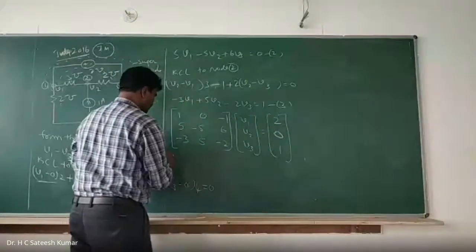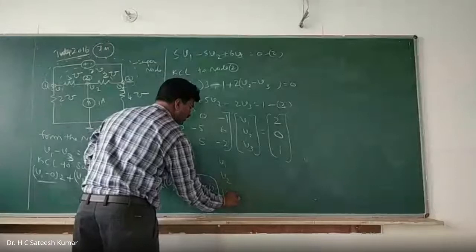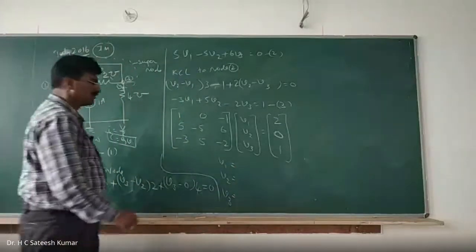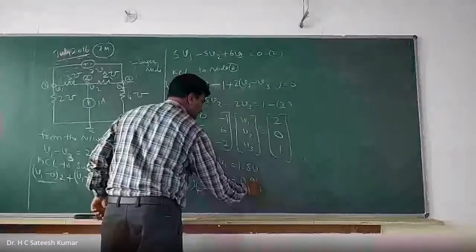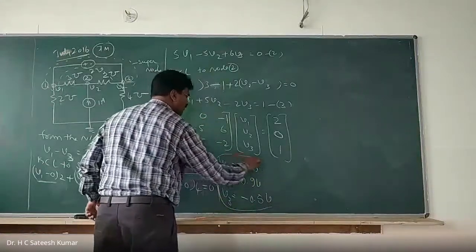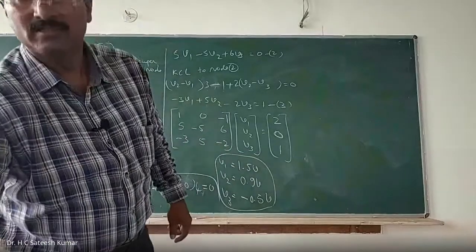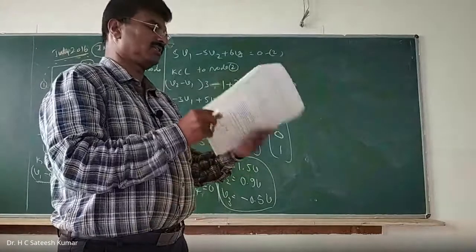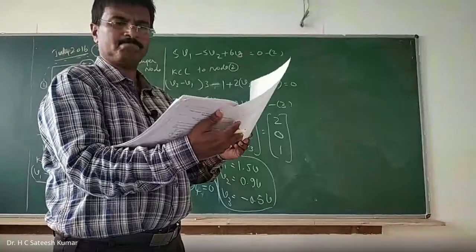Solving, we get V1 equal to 1.5 volts, V2 equal to 0.9 volts, and V3 a negative value. Find the node voltages, he said. So that is the question from one of the recent papers, 2016. This is a 7 marks question in the examination.